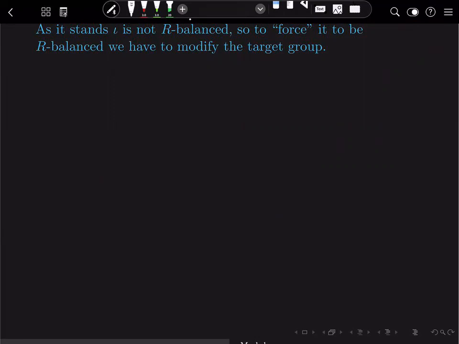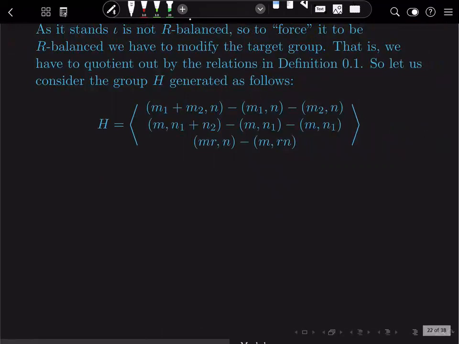It won't be iota anymore, but it will be related to iota. So we have to quotient out by the relations that we defined in our first definition.